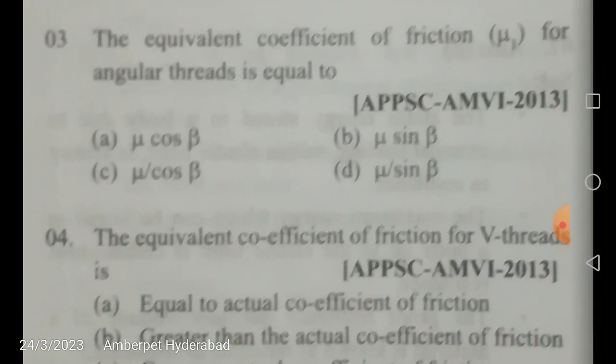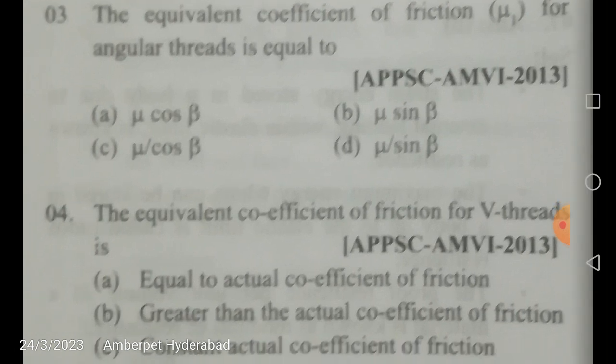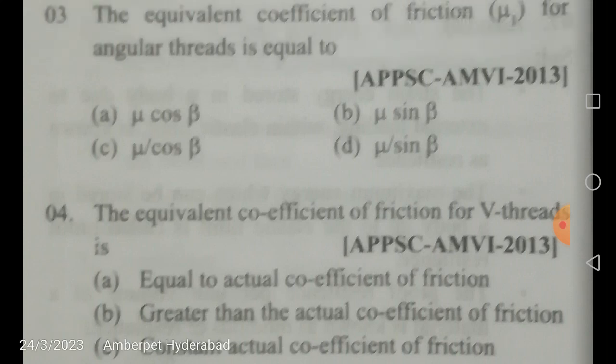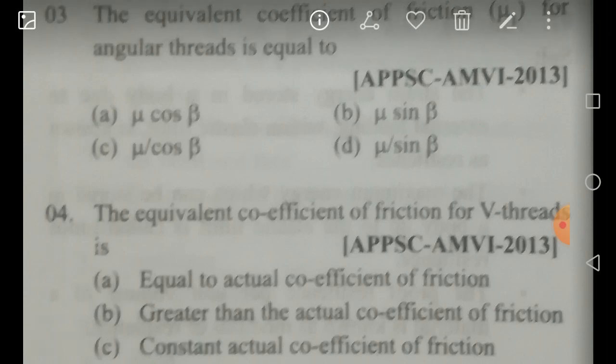Right. The equivalent coefficient of friction mu dash for angular threads is equal to: is it mu cos beta, mu sin beta, mu dash cos beta or mu dash sin beta? Okay friends, the equivalent coefficient of friction for angular threads is denoted by mu dash, and this will be equal to mu by cos beta.